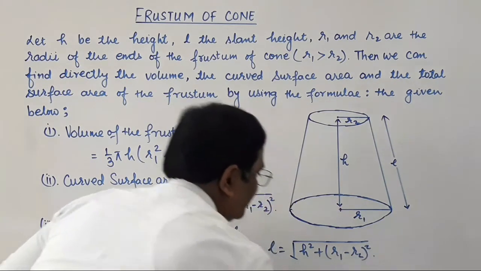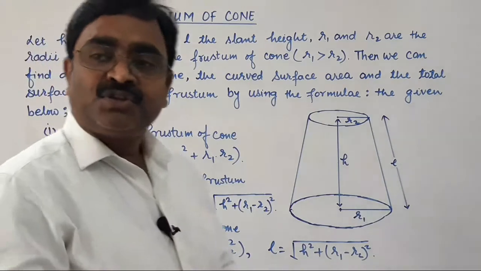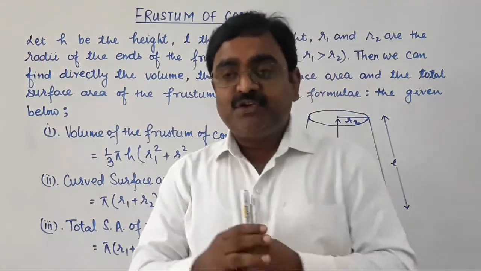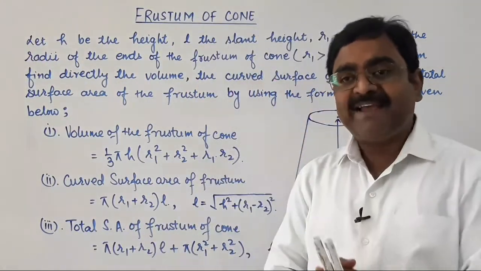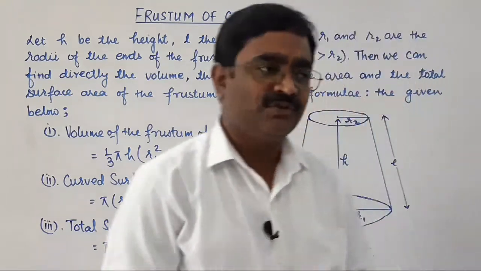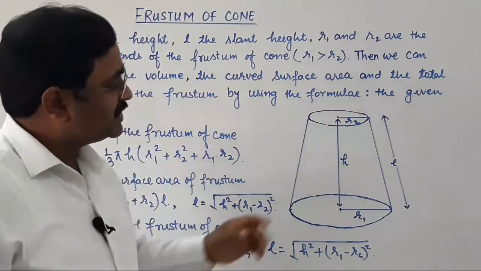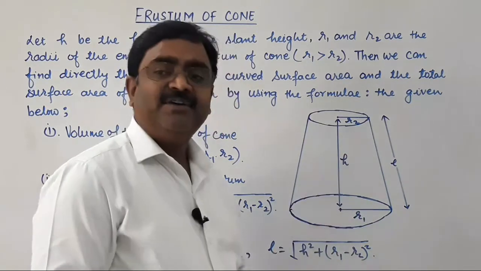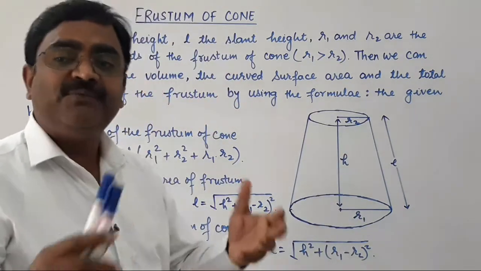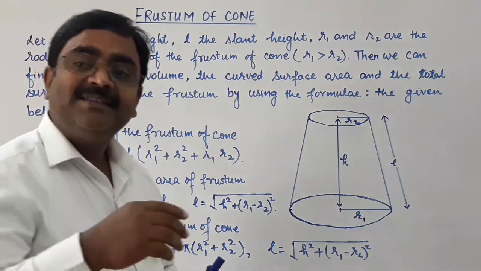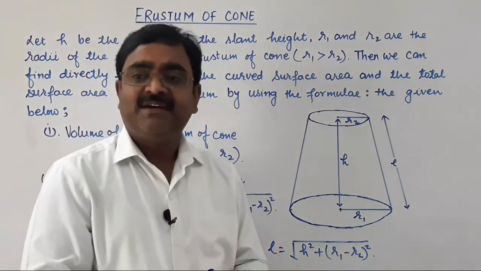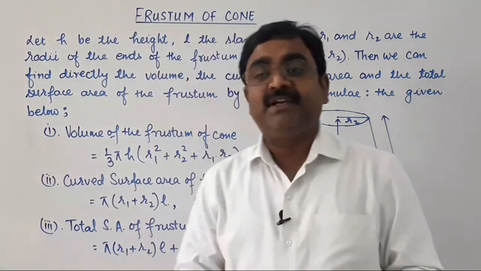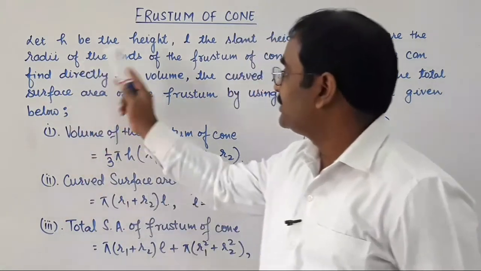Right friends? So with this concept, if you have all the information of the frustum, for example the slant height, actual height and the radii of both the ends, you can find their volume, their curved surface area and its total surface area directly with the help of these formulas.